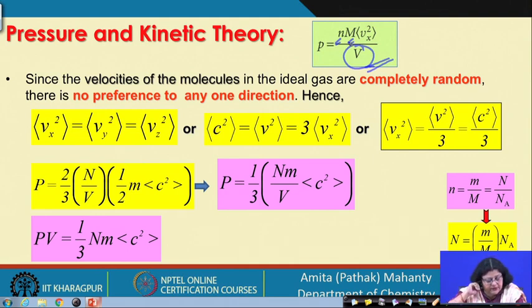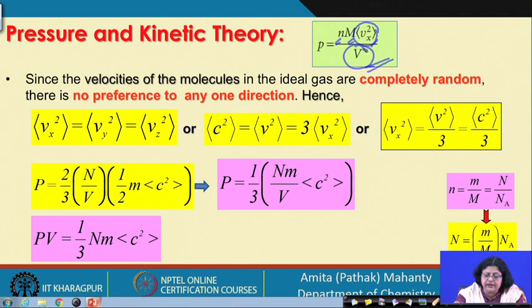If you remember, this was the last expression we had stopped at in our lecture. What is this? This is the velocity which we are writing as Vx, the x component of the velocity, the resultant velocity which is parallel to the x axis.